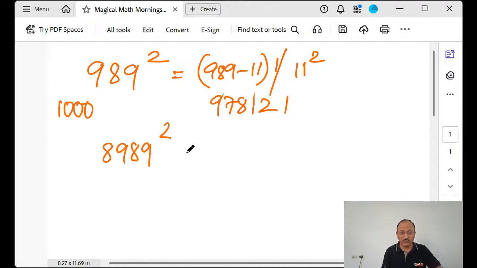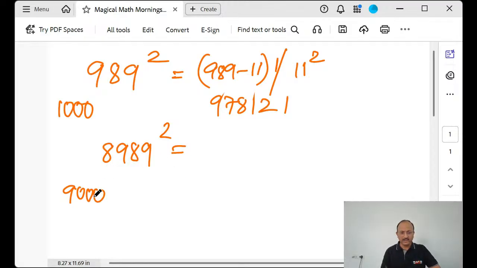Take out this one. 8989 square you want to find out. Let's take this. 8989 square. Take the base as 9000. Correct? See, most of these things we are using all the previously learned techniques. Multiplying by 9, I will use the previous techniques to save us the time.